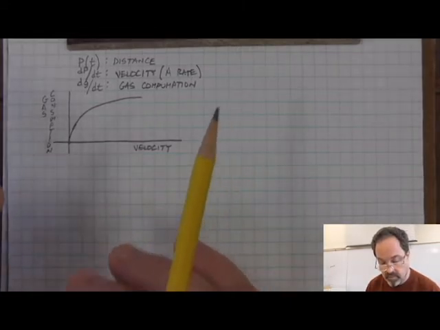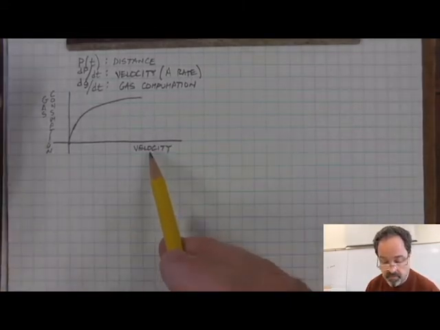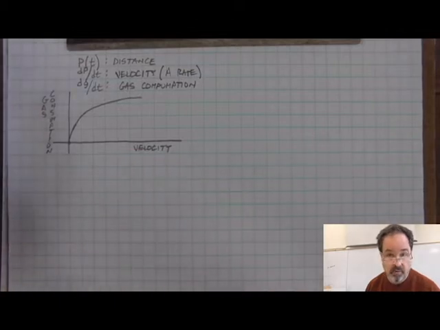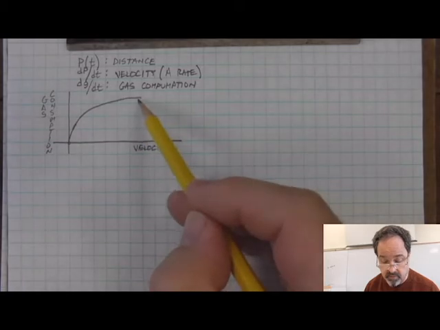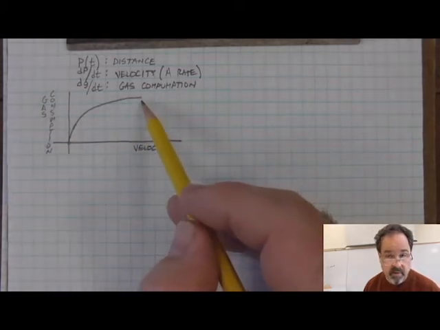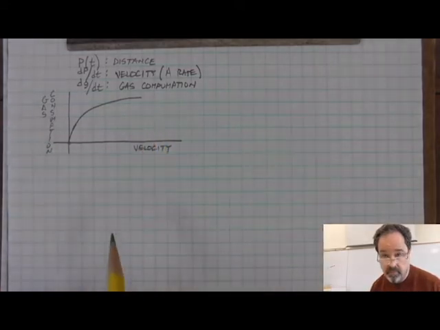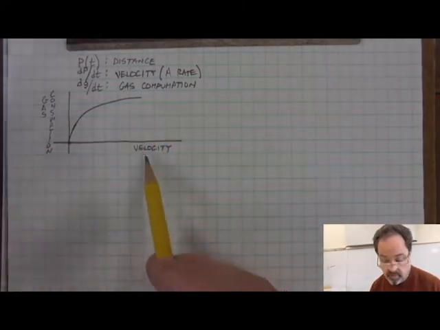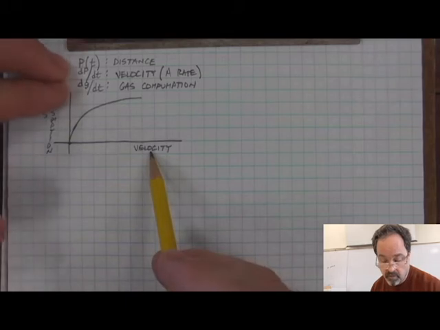The point in relating these is that the velocity and the gasoline consumption are related to each other. And the relationship would be the equation that then models or is this graph. And in this case, this is an example of related rates because velocity and gas consumption are themselves rates.